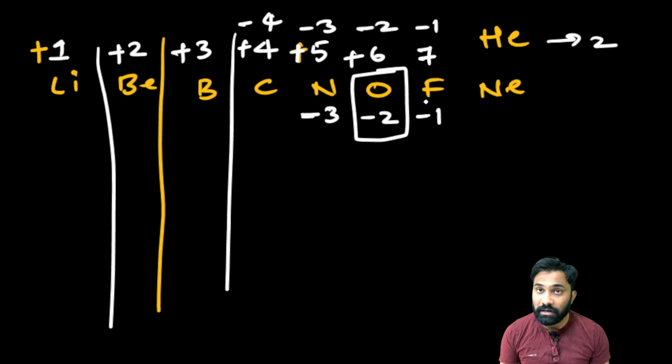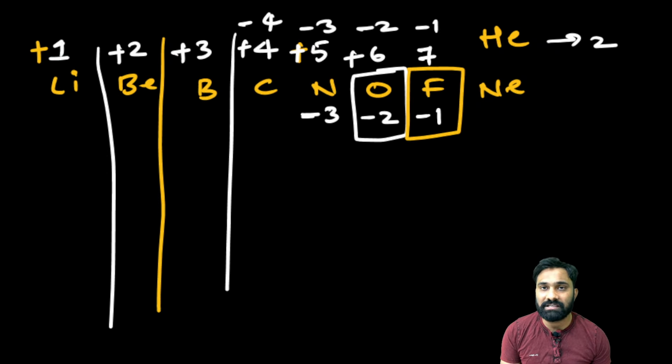Fluorine will never show the +1 oxidation state or +7 oxidation state, only the -1 oxidation state. Can anyone tell me why fluorine will only show the -1 oxidation state?